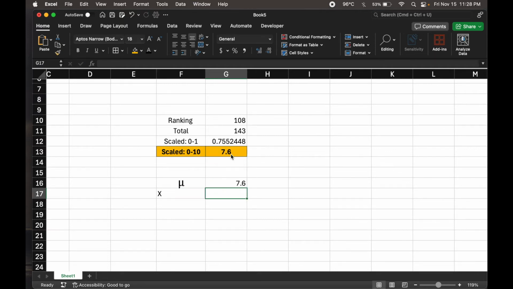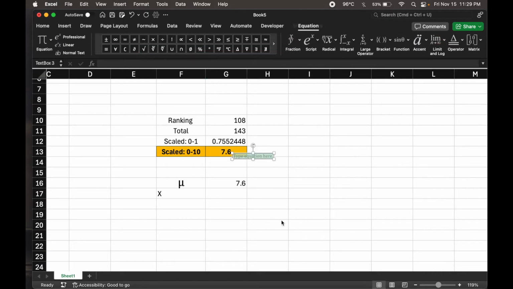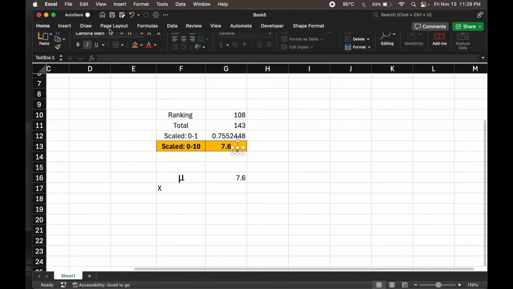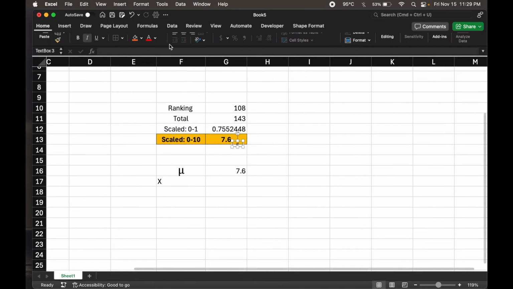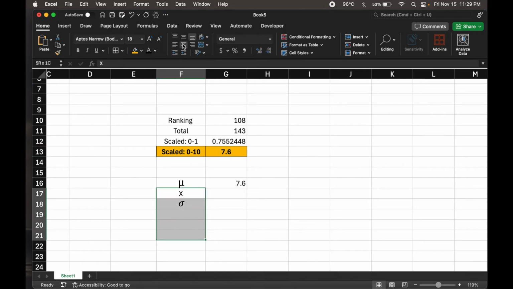X is something I'll compute from my respondents. Sigma is something I will get from my respondents also, right? So sigma is also coming in from the respondents. What else do I need?